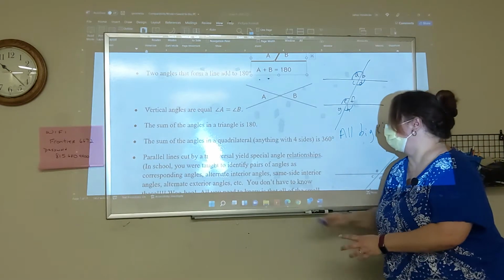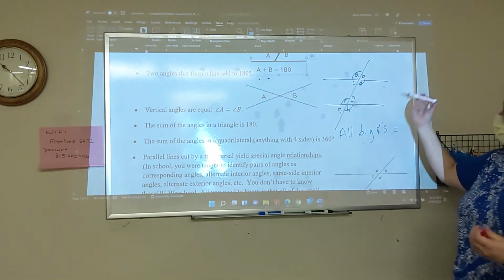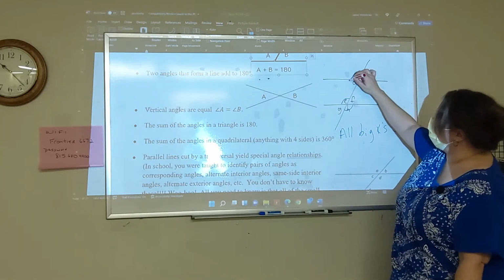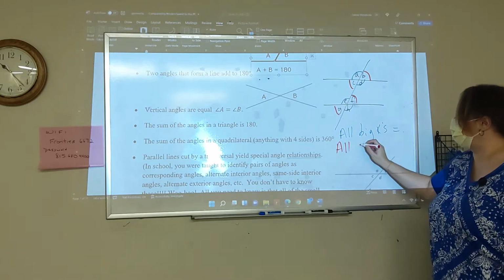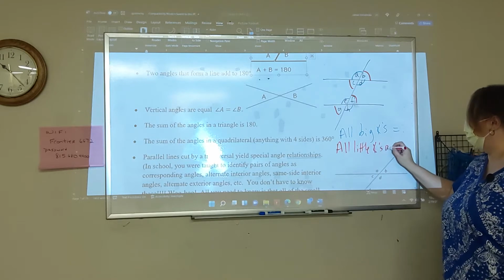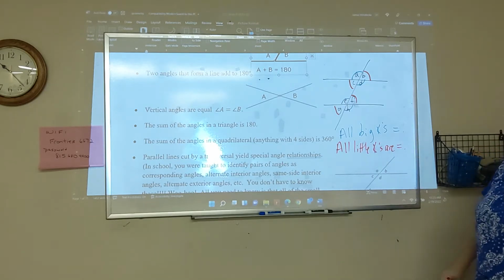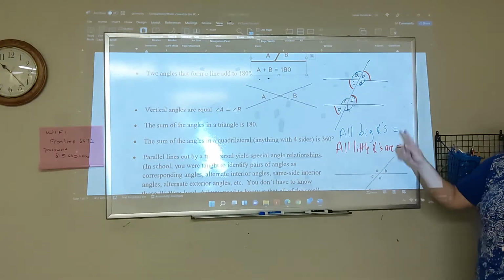Second thing you need to know, and again, just applying a little common sense, if all the big ones are equal, all the little ones are probably equal. So B, C, F, and G. So the second thing you need to know is that all the little angles are also equal. So all your bigs are equal, all your littles are equal, okay?